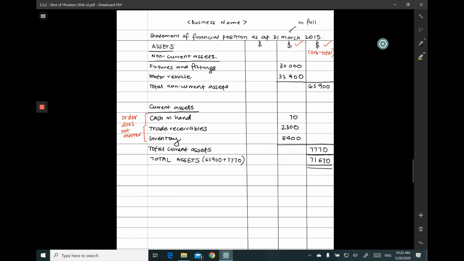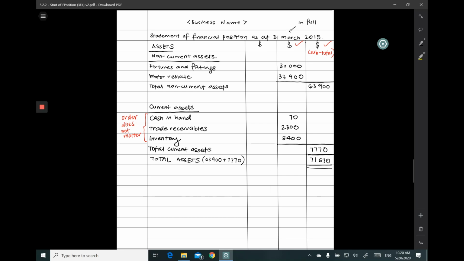It means that accounts that can be converted to cash easily will be put last, and accounts that are the hardest to convert to cash will be put first. But in your syllabus, we are not going to mark you down for not writing them in that order because the order does not matter. As long as you put them in the correct subcategories, that's good enough.